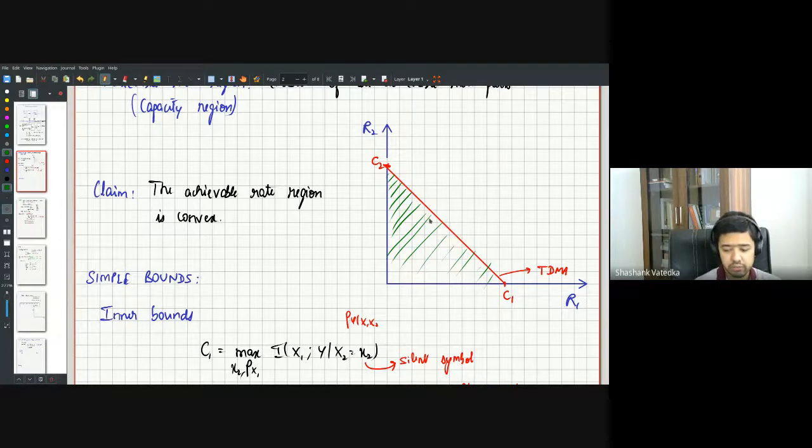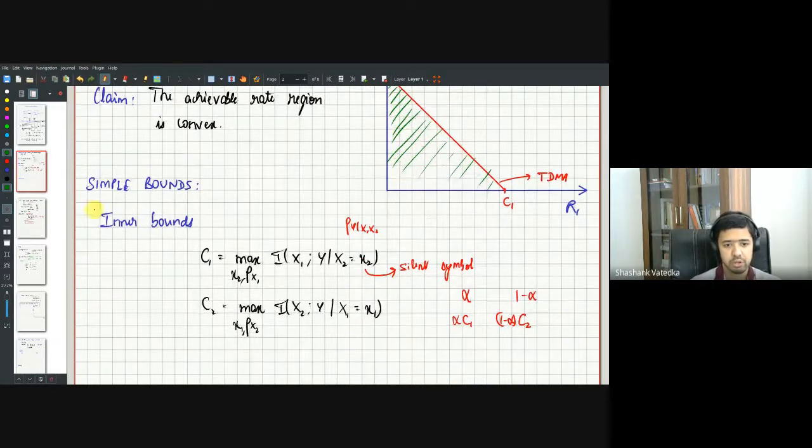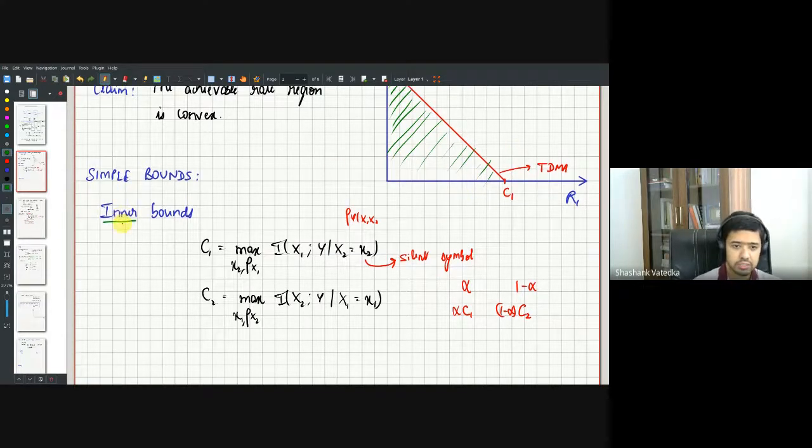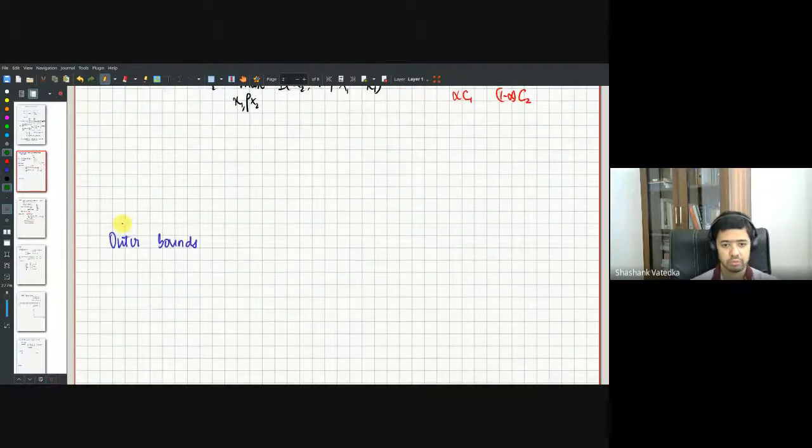So any set of achievable rate pairs gives what is called an inner bound. An inner bound is sort of something like a lower bound. You know that every rate pair in this region is achievable, and obviously this lies inside the optimal rate region, which is why we call it an inner bound. At the same time, we also want an outer bound.